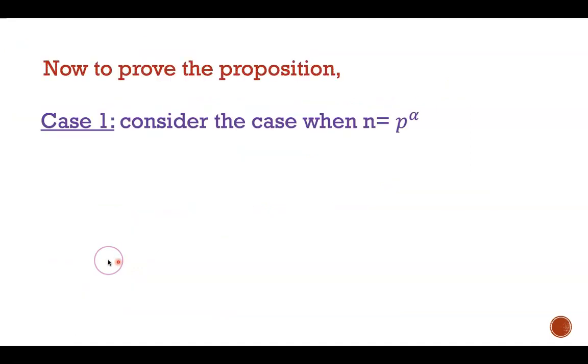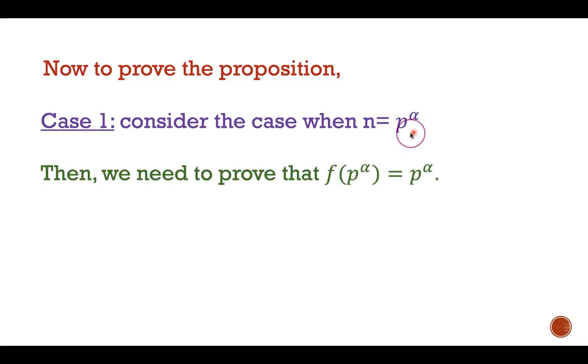Now, to prove our proposition, we consider a few cases. Let us consider the case when n is a prime power of the form p raised to alpha, where p is a prime. Then, in this case, we need to show that f of p raised to alpha is equal to p raised to alpha.